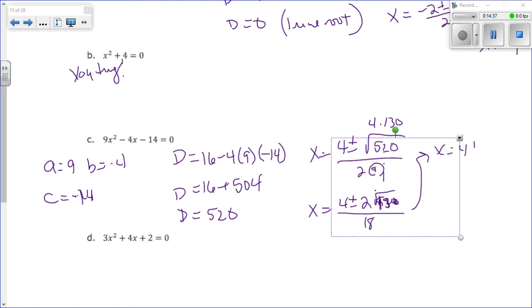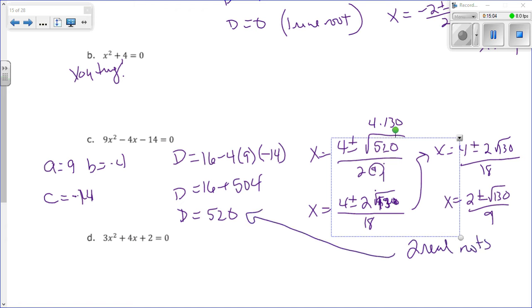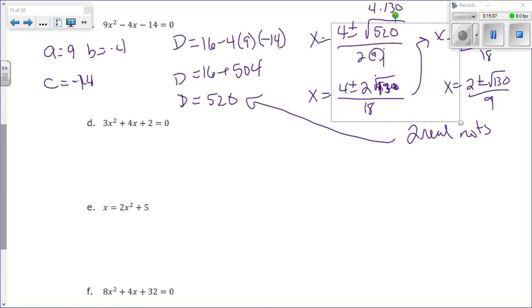So x equals 4 plus or minus 2 radical 130 all over 18. 4, 2, and 18 all have a 2 in common. So it would be 2 plus or minus radical 130 over 9 for the answers. And we'd have 2 real roots. Forgot to answer that with the discriminant. It's a positive number. So you try D.